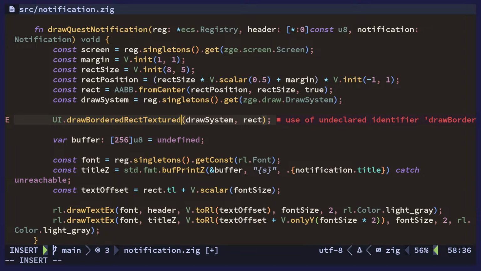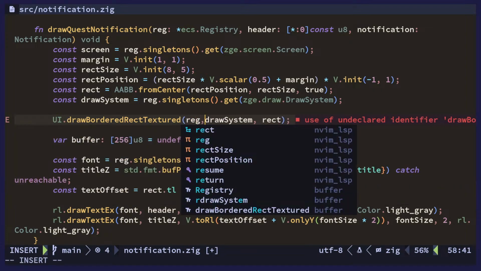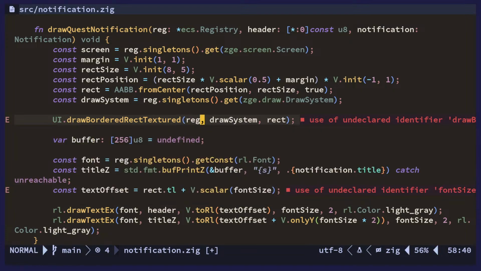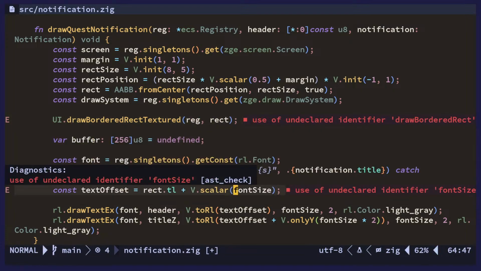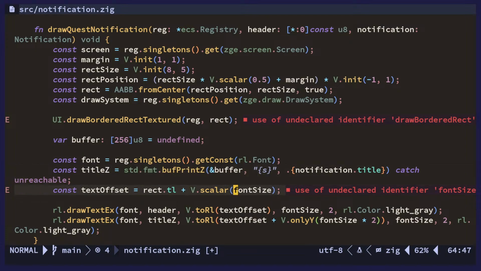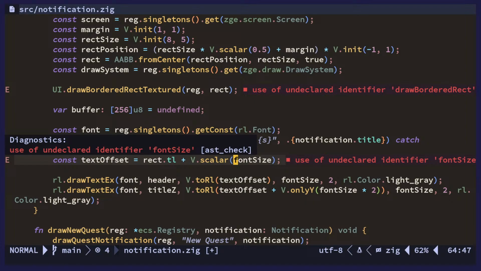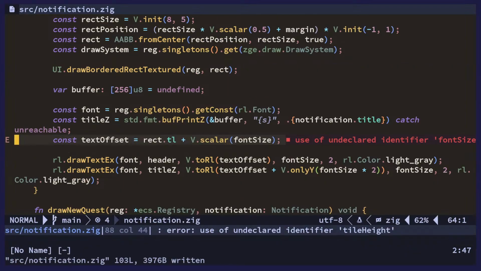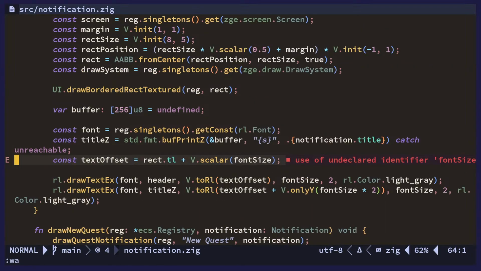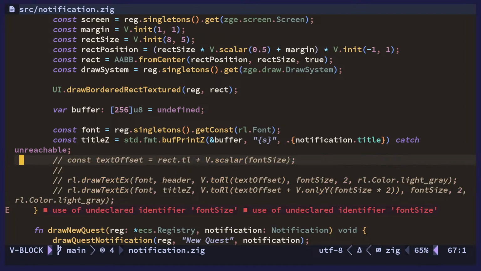Border rect textured, which needs the registry and the rectangle. You don't exist anymore. Let's just do this, I guess.